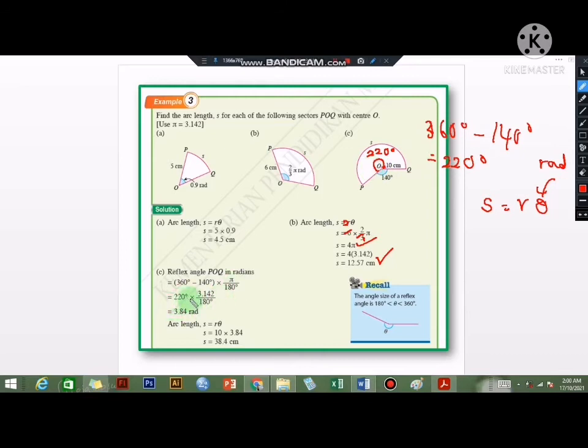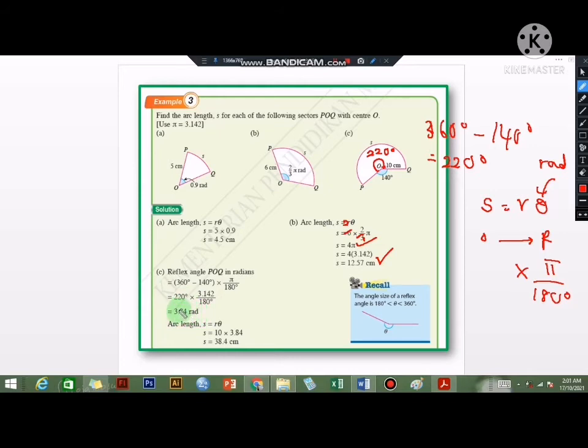So 220 degree multiply with, from degree to radian, you need to multiply with pi over 180 degree. The value of pi is 3.142. So you substitute 3.142 over 180 degree and then key in your calculator, then you will get your answer, which is 3.84 radian.